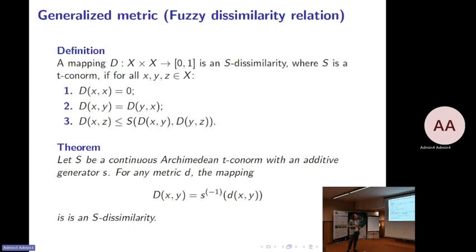So here you see some generalization of transitivity, this generalization for the t-conorm S. And we use the construction of the generalized metric by using the decreasing function, or actually, to go deeply into details and into theory, it's an additive generator. But to be honest, we just use millions of different additive generators to generate the different cases.